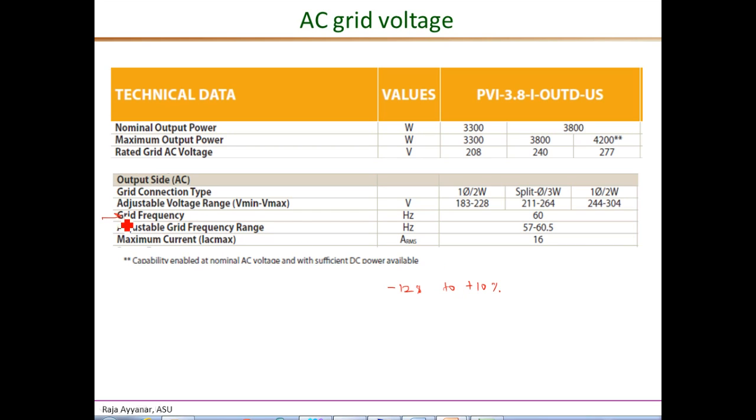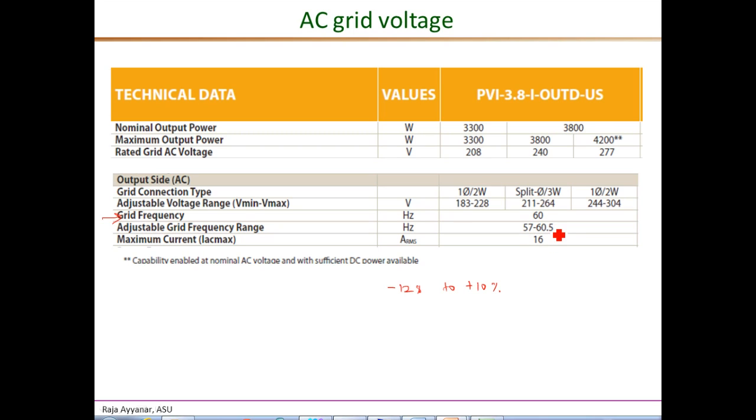If you look at the grid frequency, it is 60 Hz nominal in the US, and the range of variation allowed in the frequency, for this product, is 57 to 60.5 Hz. Now the inverter itself is definitely capable of operating at a much wider frequency range.